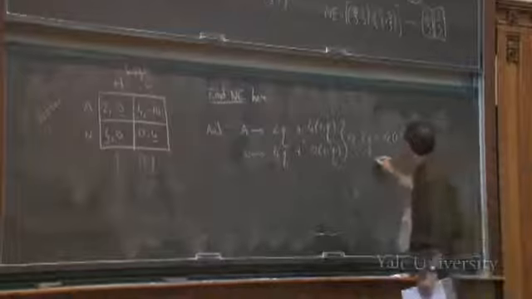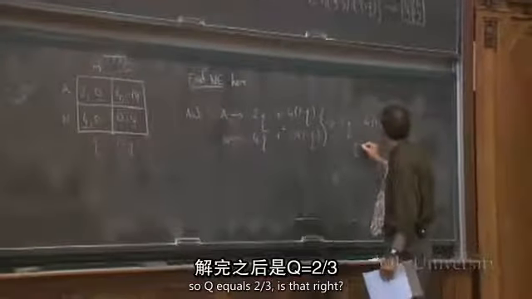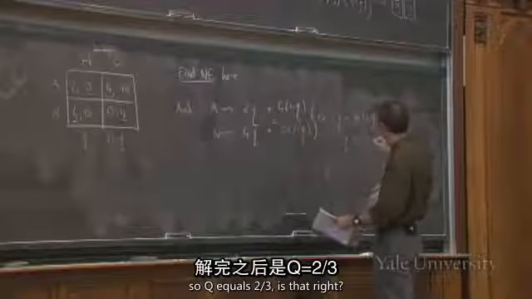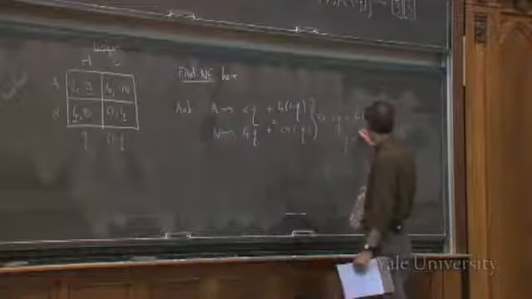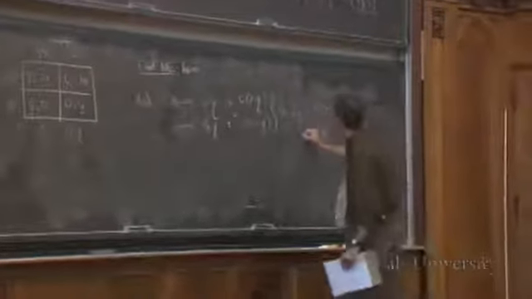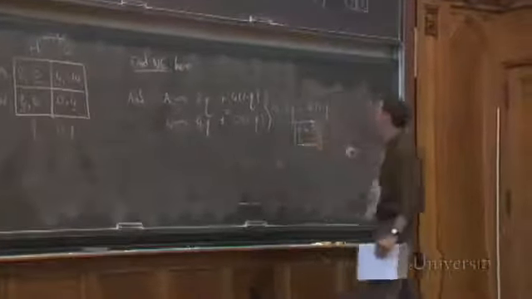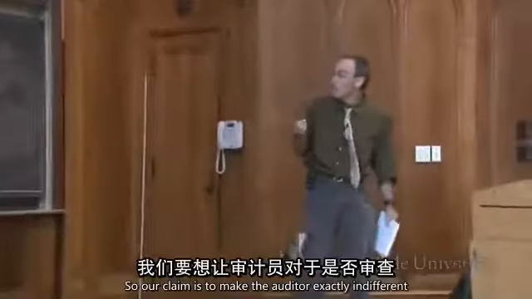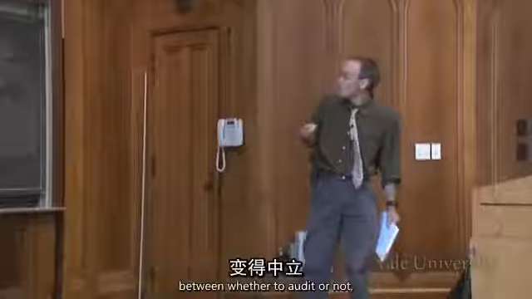That's right. So Q equals 2/3. Is that right? 4 over 6. Yes, 2/3. Q equals 2/3. All right. So our claim is to make the auditor exactly indifferent between whether to audit or not.